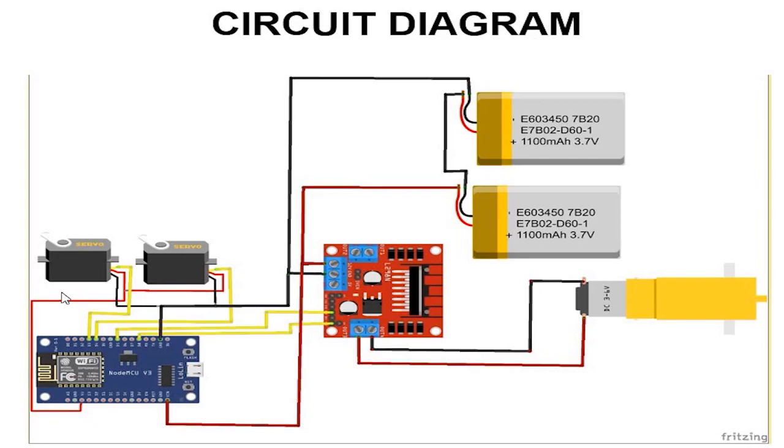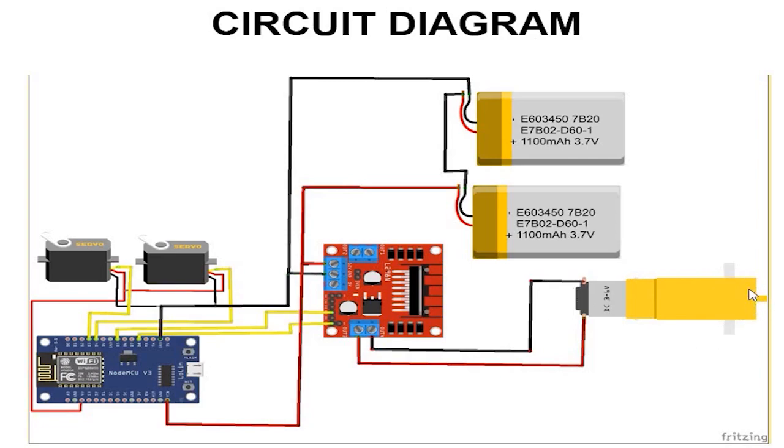We are using two servo motors for the separator flaps to separate the balls. This is the motor driver L298. The function is to control this motor right here.